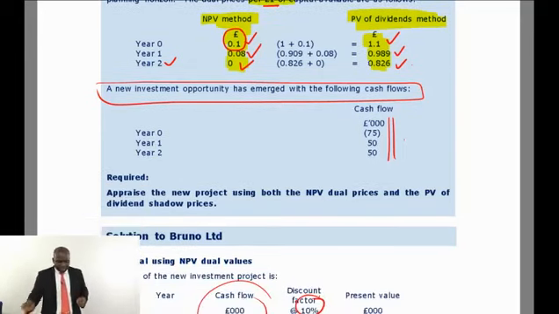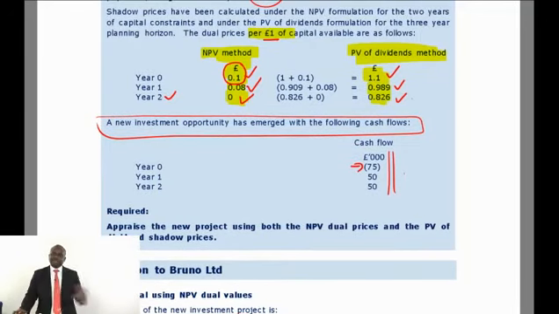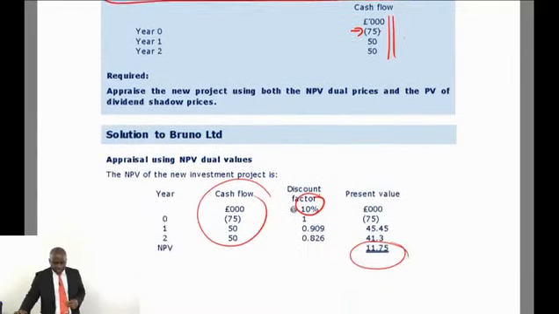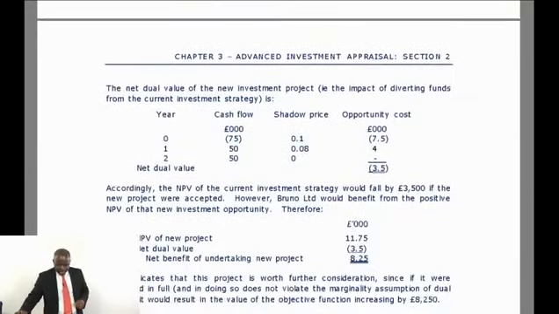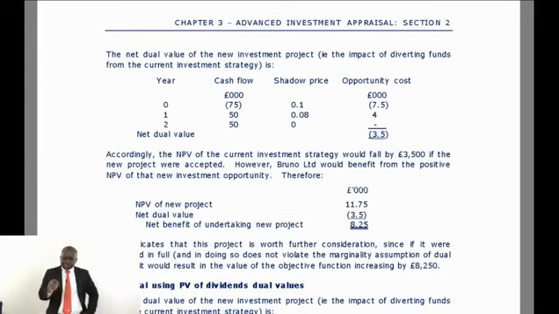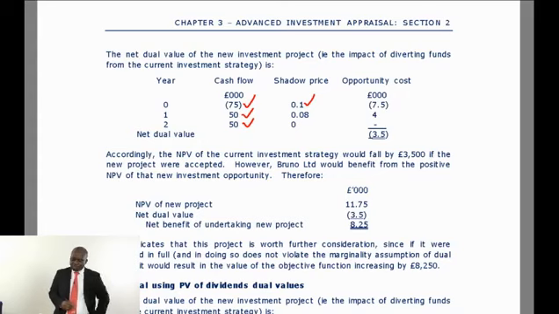Therefore, if I do this project and I need 75, this 75 will be a diversion, and I will lose 0.1 times the 75. So that is what we did here for you. The total shadow price or opportunity cost: these are the cash flows of the project. Every £1 in year 0, I will lose 0.1.